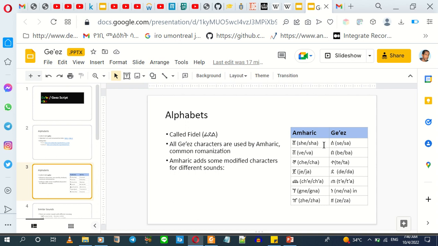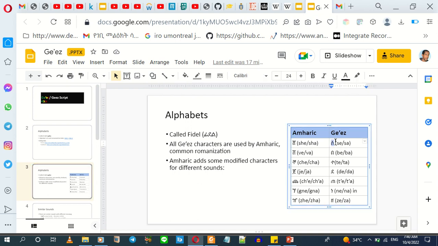Previously there was only the Ge'ez alphabet, and when Amharic evolved, it modified this letter for its proper sound. So this is sa, and this is she. All the Ge'ez sounds exist in Amharic also, plus additional sounds specific to Amharic, which have modified characters.